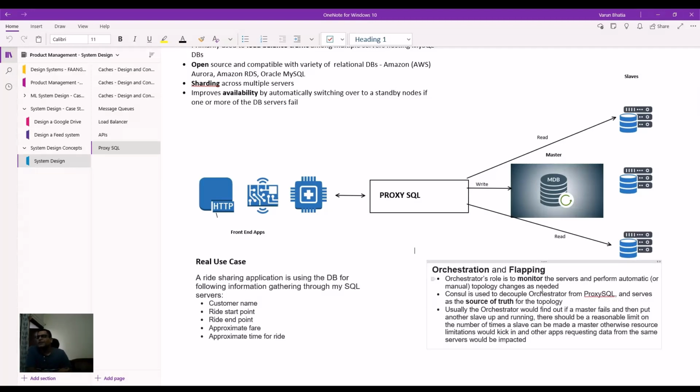There's one more important concept related to flapping. Essentially, the orchestrator's role is to find out if this master database has failed. Then it will try to have a backup, where the slave, which is maybe an exact replica from 1 hour back or 2 hours back, becomes the master node.